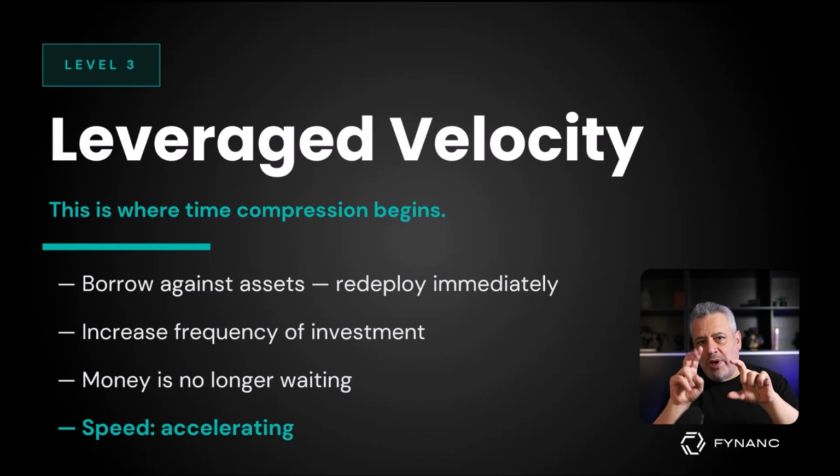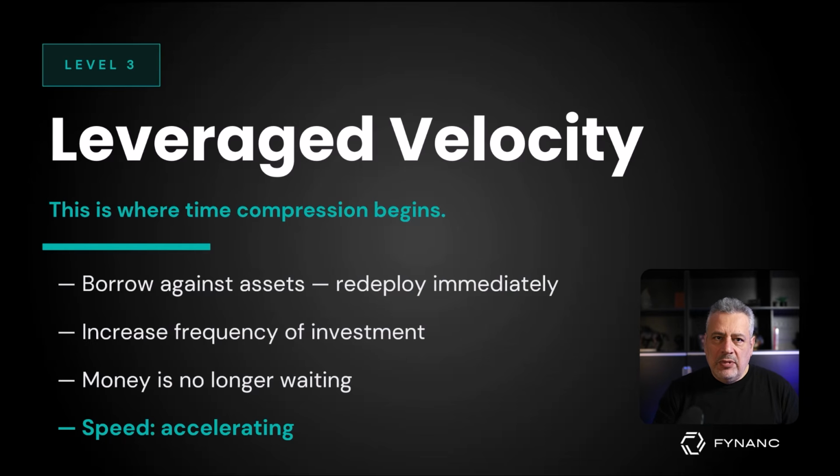So now we have 2 parts: we're reinvesting the cash flow, and we're reinvesting the amount I borrowed against it immediately. This way, you're increasing the frequency of investment and redeploying everything immediately, and everything is as automated as possible. Money is no longer waiting, and now speed is moving much faster. Very few investors ever do this, and it is incredible.